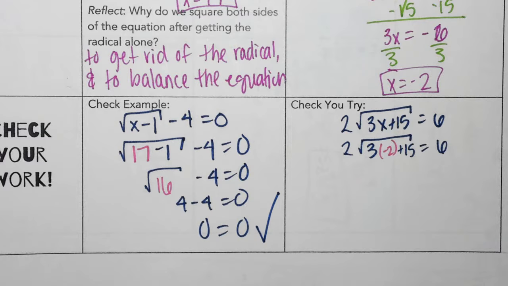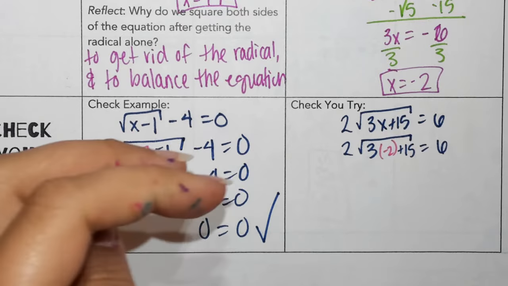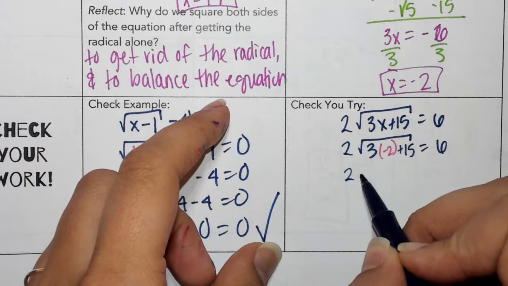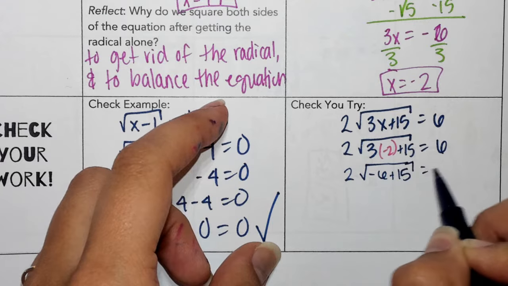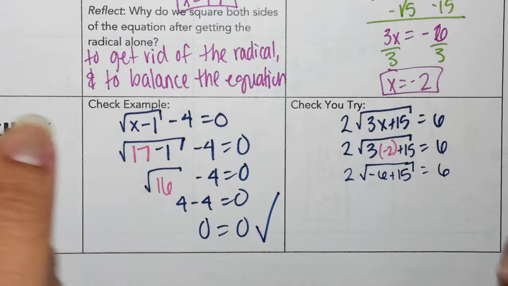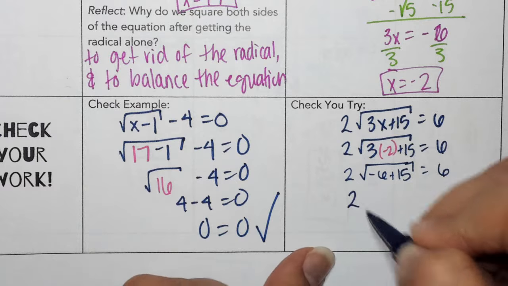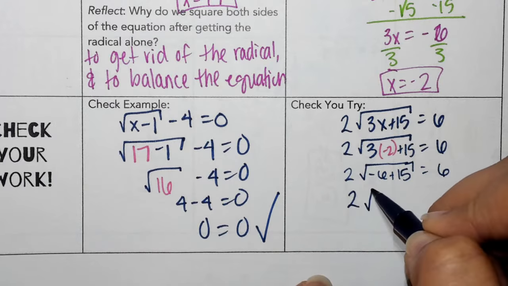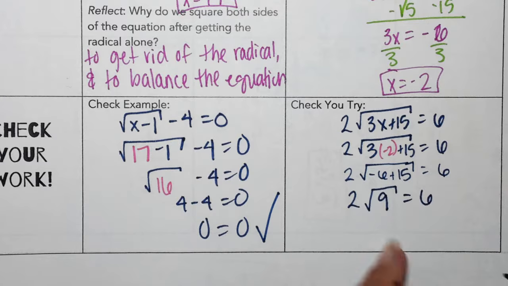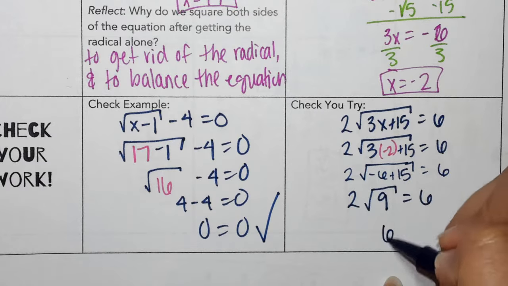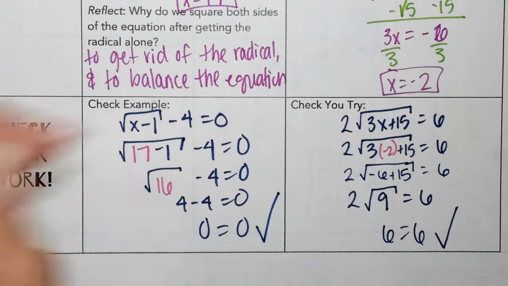Alright, what's 3 times -2? -6. Alright, what's -6 plus 15? 9. What's the square root of 9? 3. What's 3 times 2? Does 6 equal 6? We did it right.